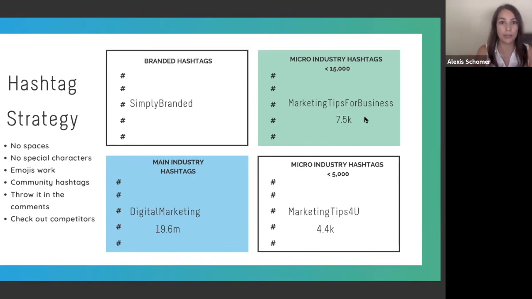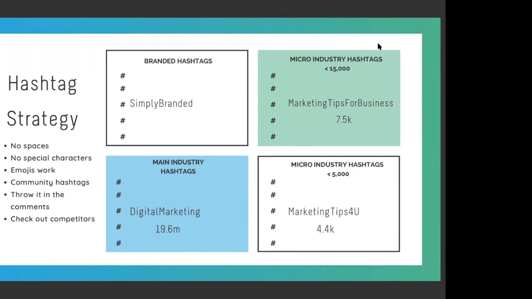So it's not just the name by itself. That definitely is one of them. But for me, I could put simply branded LA, simply branded marketing, simply branded rocks, anything like that. So you want to develop a few of those. You can also have them be campaign related. If you're running a specific campaign, you would have a hashtag for that campaign or slogan. Got it. Thank you.